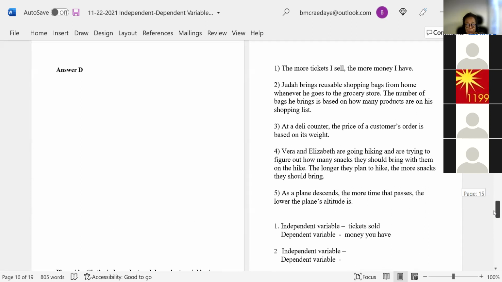Okay, number 2, you have reusable shopping bags and the number you have based on the products on your shopping list. Maureen, which one was your independent variable? Which one was your dependent variable? For number 2, I put the independent one is bringing reusable shopping bags from home.